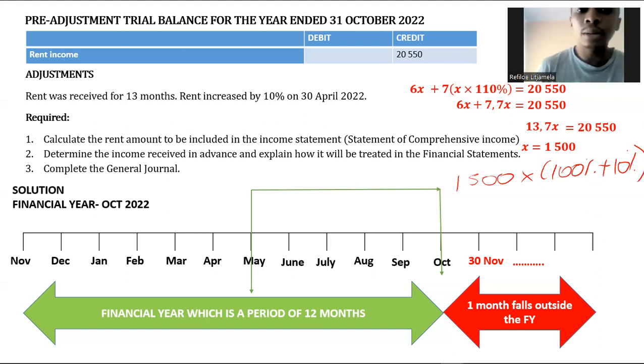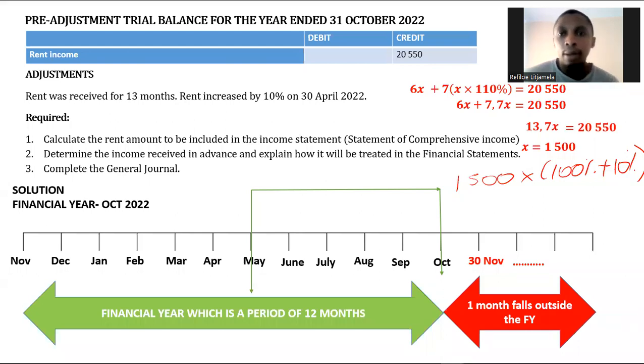That's why it's 100% plus that 10. Now, that's how we got to that 110%, 1,500 times 110%. It'll give me my monthly rent after the increase.